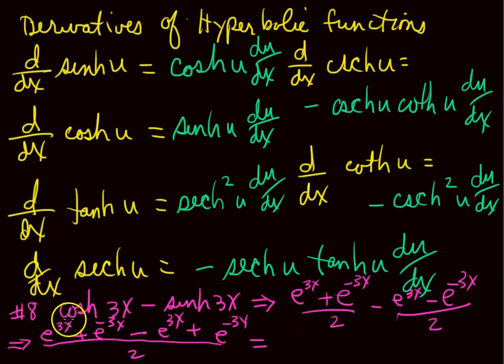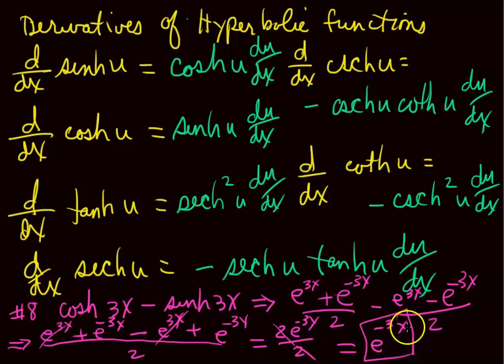And so these e to the 3x's cancel, but the e to the negative 3x's don't. You get 2 e to the negative 3x over 2, and the 2's cancel, so you just get e to the negative 3x. So all that comes down to this one. You could do the reciprocal, 1 over e to the 3x, if you wanted. So that's what these problems are going to be like.